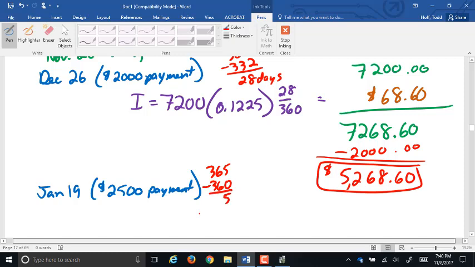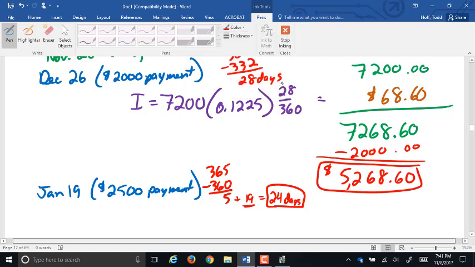Why did I do that? 5 days left in the previous year. To that, we're going to add 19 for January 19th, makes 24 days. So when we go from one year to the next, we have to finish out the previous year. So that's the 365 minus whatever the number is for the last day we used. And then we add the days in the new year to it.